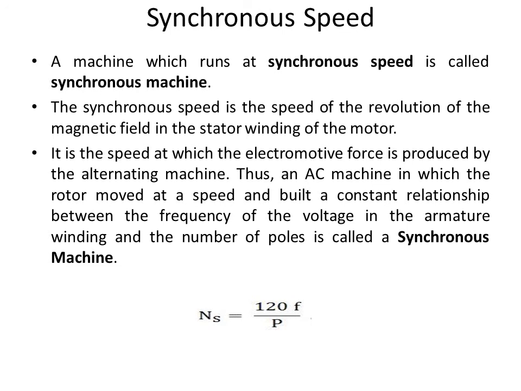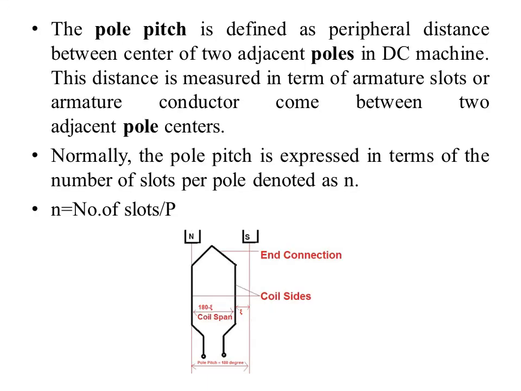Thus, an AC machine in which the rotor moves at a speed that maintains a constant relationship between the frequency of the voltage in the armature winding and the number of poles is called a synchronous machine. Ns is equal to 120 F by P. This is about the synchronous speed.